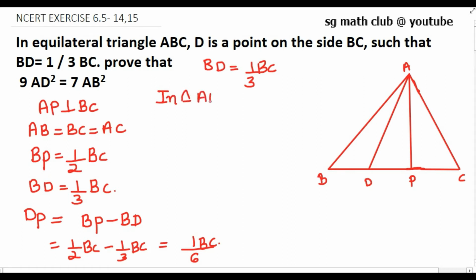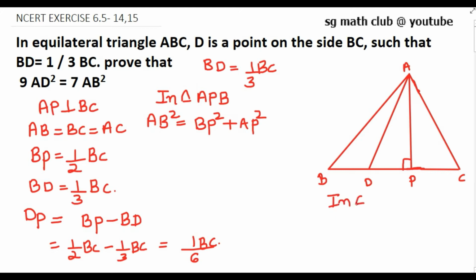In triangle APB, this is a right angle triangle. By Pythagoras theorem, I can write AB square is equal to BP square plus AP square. Again, I can use the Pythagoras relation for triangle ADP: AD square is equal to AP square plus DP square.